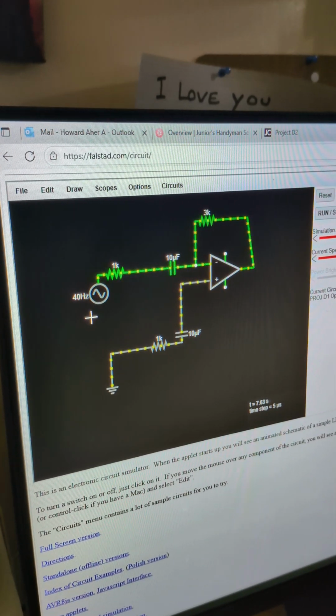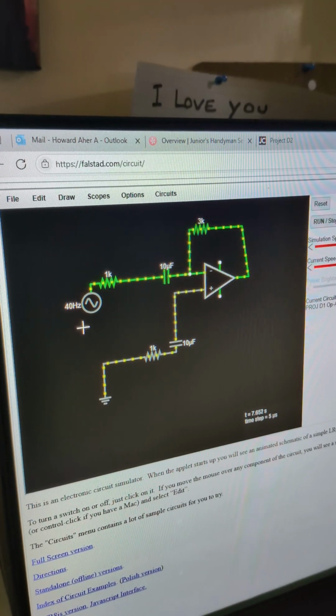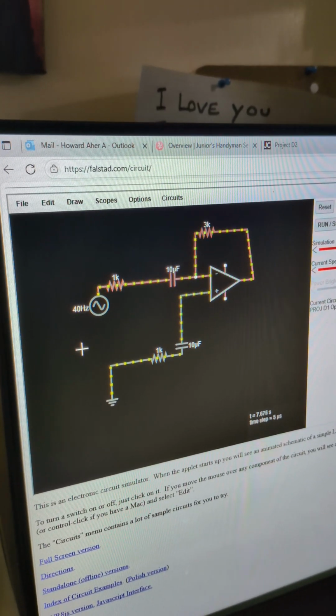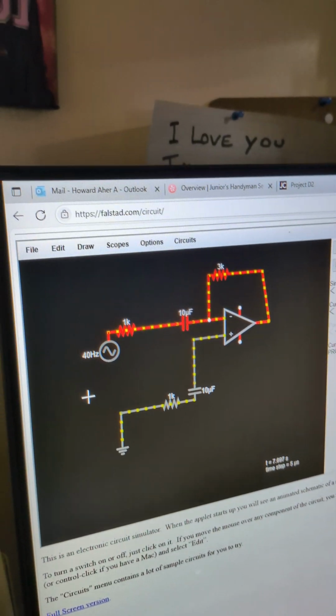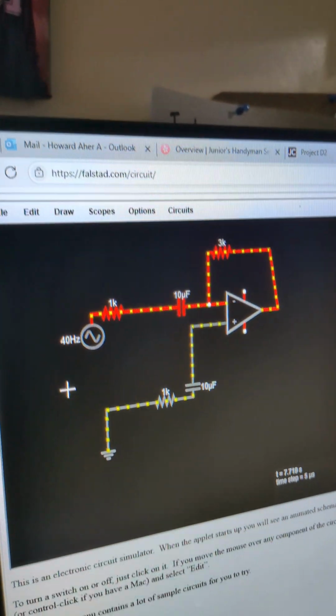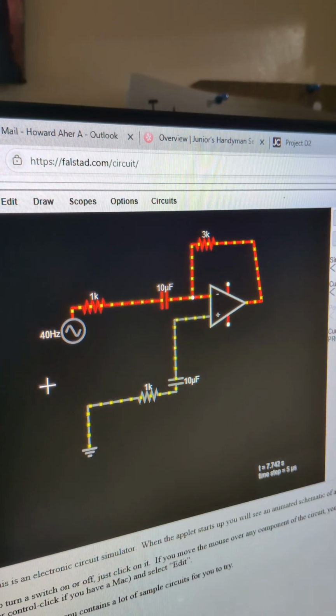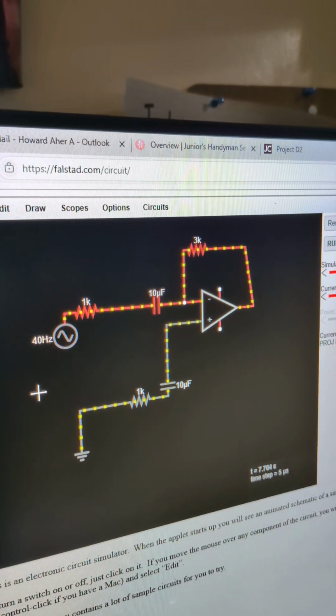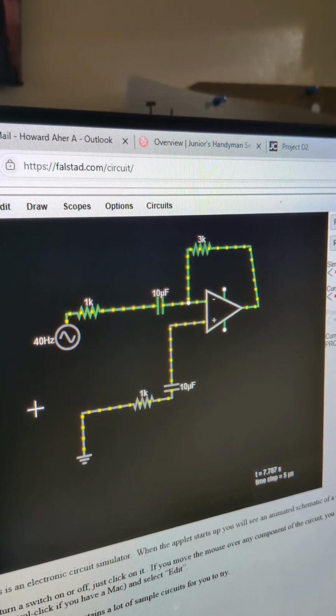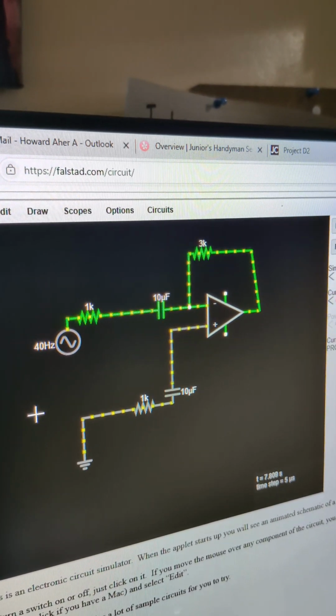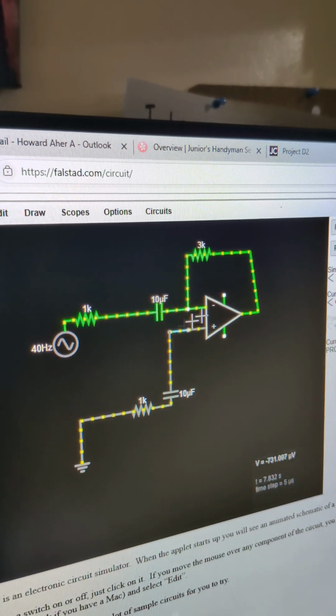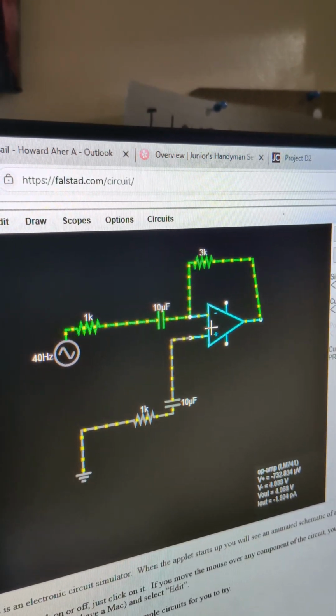Now, question two, explaining the circuit that I designed for D1. This circuit represents an active low-pass filter, specifically a first-order active low-pass filter using an operational amplifier, or op-amp.